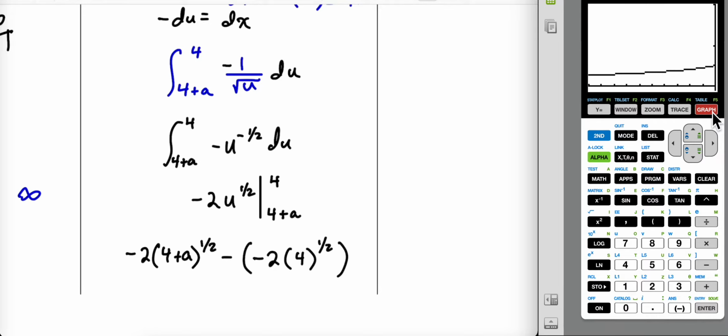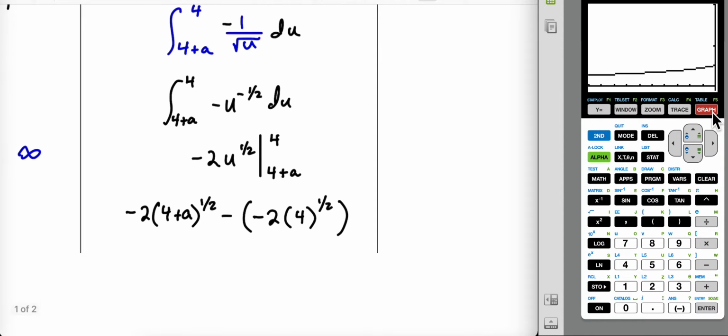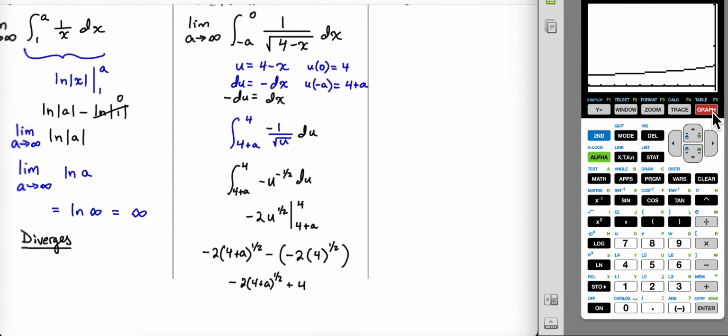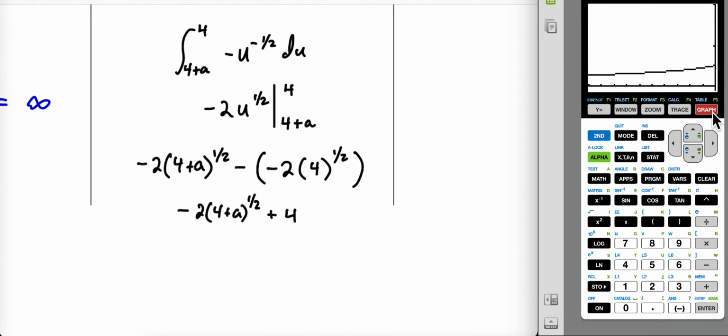We could simplify. 4 to the 1/2 is 2, times the negative 2 that's already there is negative 4. Negated is positive 4. So we're looking at negative 2 times 4 plus a to the 1/2. That's what our antiderivative would be, but now I need to find the limit as a approaches infinity.